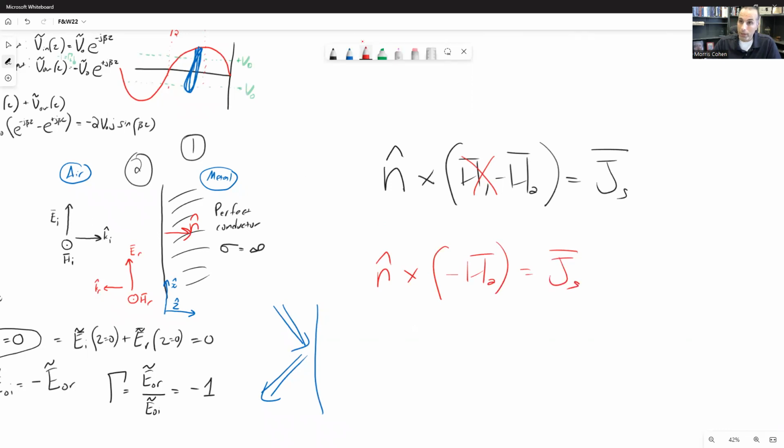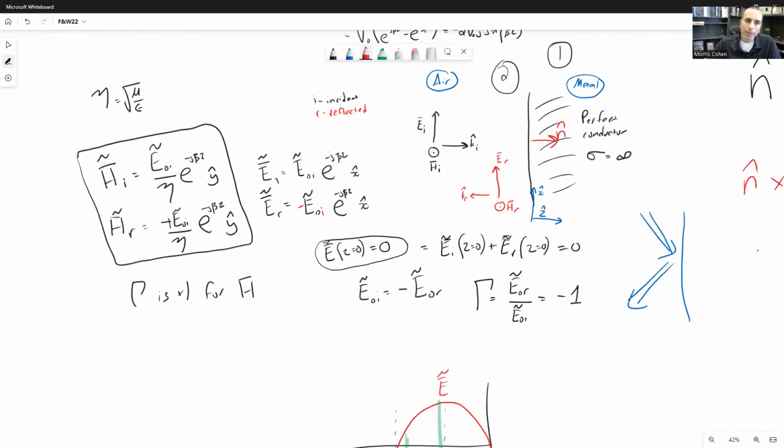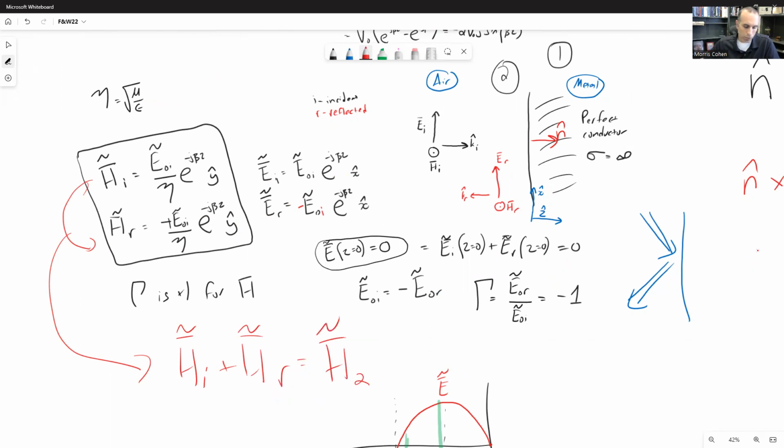We now know what H2 is, because H2 is simply going to be the sum of the incident magnetic field with the reflected magnetic field. So we sum all these up. The incident plus the reflected will equal what we're calling H2.